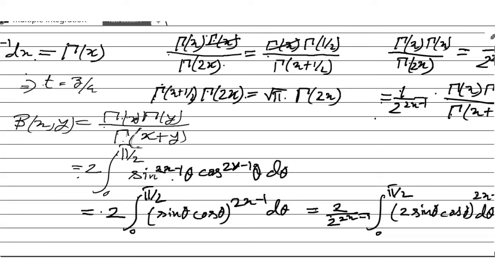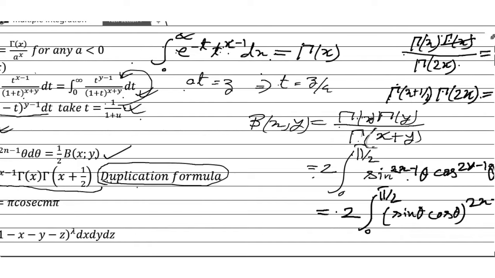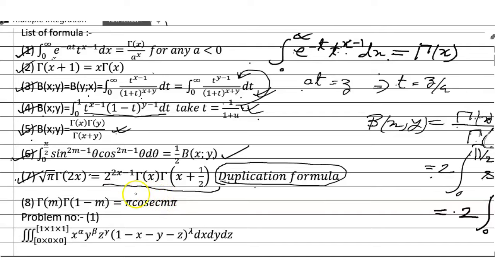So friends, whatever you see, root pi gamma 2x is equal to 2 to the power 2x minus 1 gamma x into gamma x plus half. This formula is very, very important for solving a lot of gamma problems.